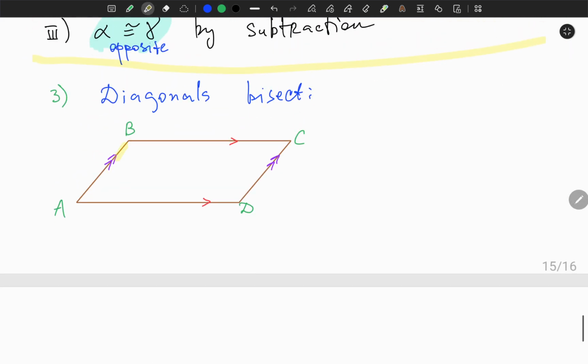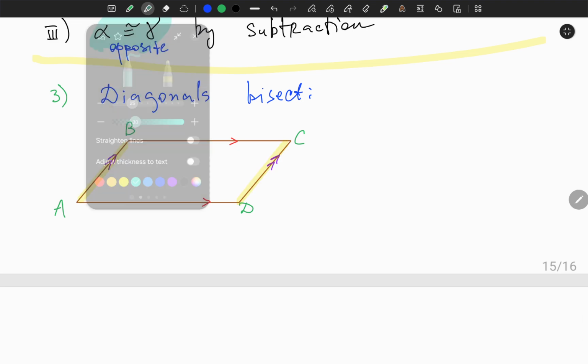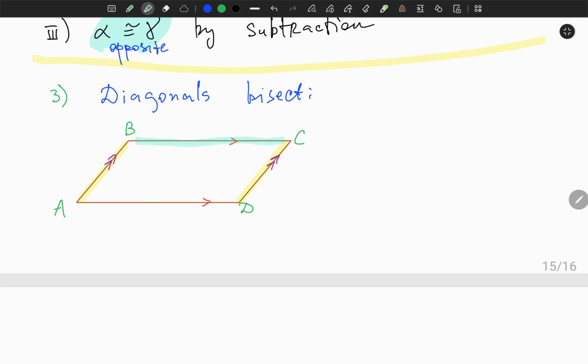Which means this side is congruent to this side, and at the same time they are parallel, and BC is parallel to AD. Now let's construct the two diagonals AC and BD.